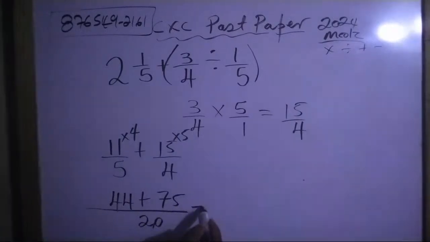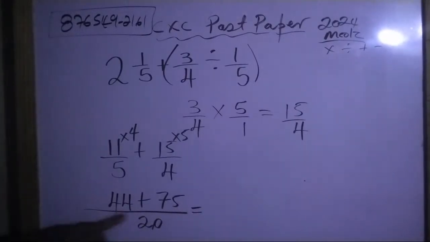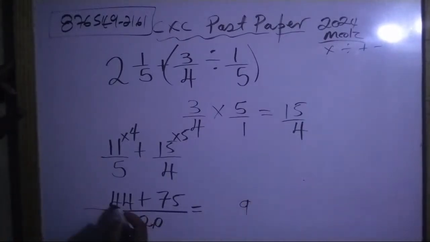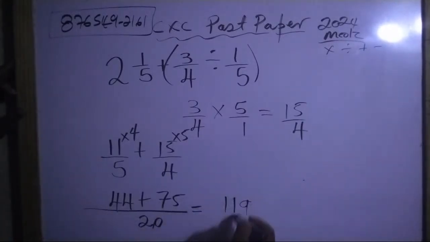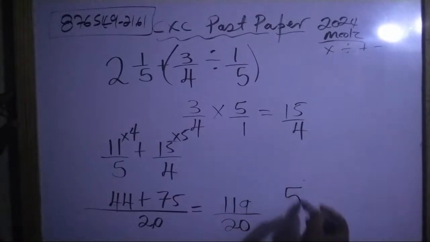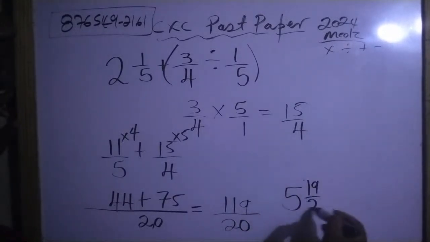And of course, we can now add 44 plus 75, that's 119 over 20. And of course, we know we can get 5 out of it. 5 and 19 over 20.